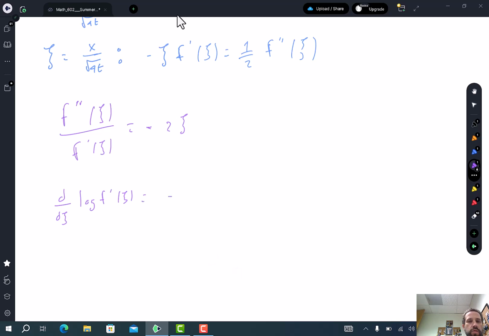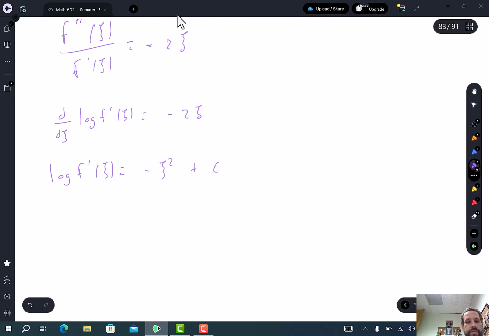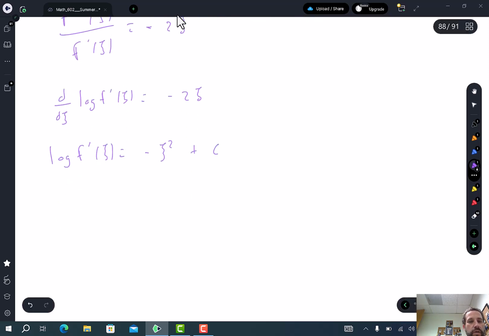Now I'm going to take the antiderivative of both sides, and we get log f prime of c is equal to minus c squared plus some constant. I'm going to raise both sides to the power of e, and what you get is f prime of c is equal to some constant times e to the minus c squared.